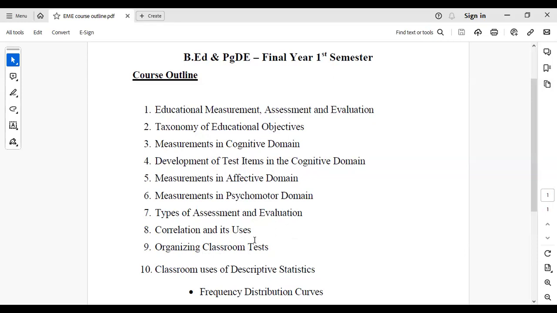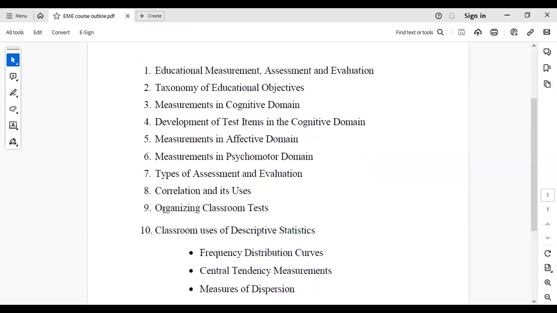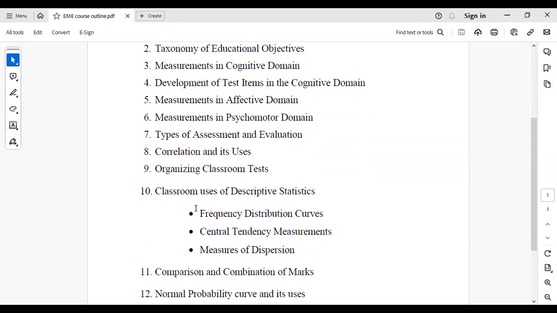tests. So here correlation and its uses, there we have to use simple statistics, not too hard. Then the 9th one, organizing classroom tests, classroom uses of descriptive statistics, again statistics part. Then there we will discuss frequency distribution curves, central tendency measurements, and measures of dispersion.